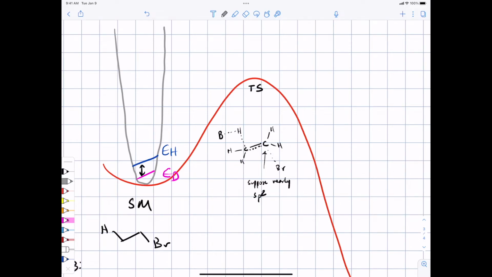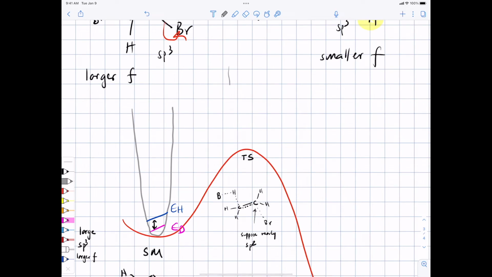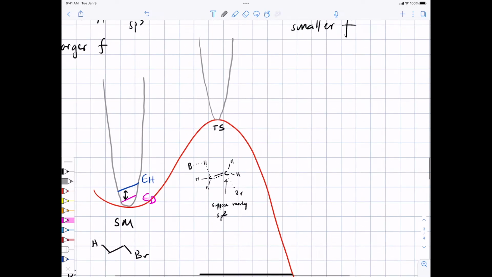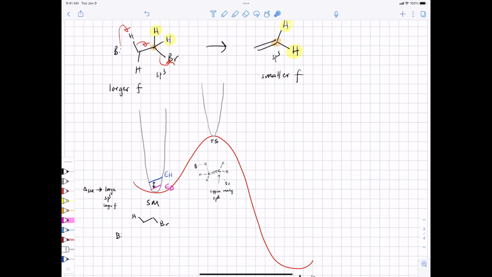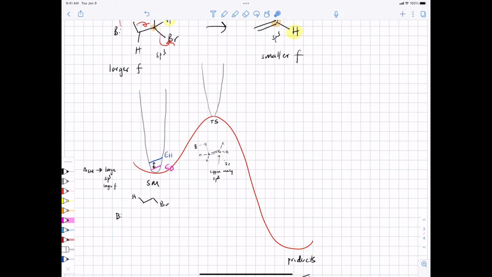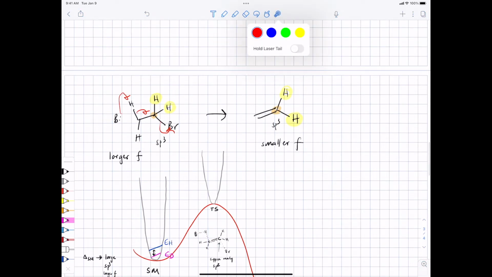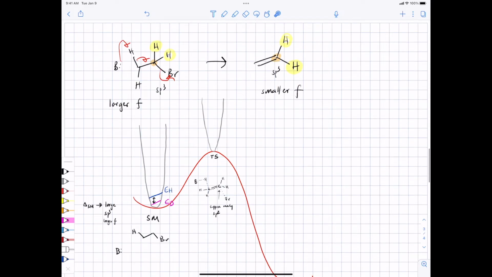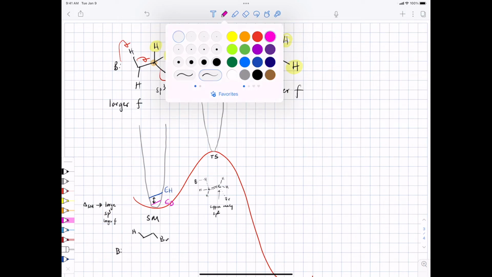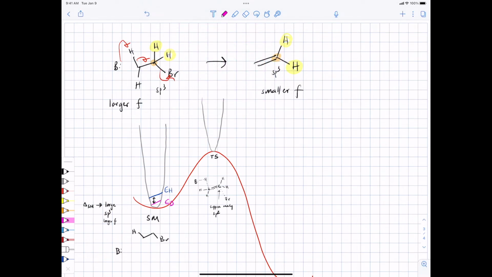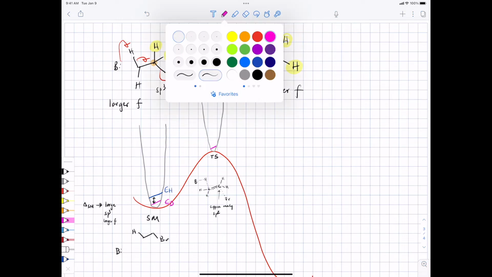In that case, what we would expect for the energy well at the top that corresponds to the out-of-plane bend for that carbon-hydrogen bond is the force constant is going to be smaller, and that means that the energy difference between hydrogen and deuterium is similarly going to be smaller.